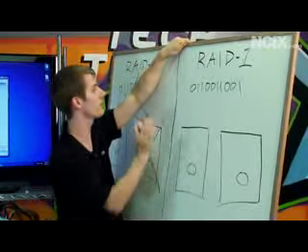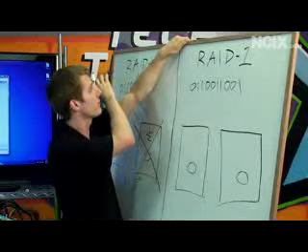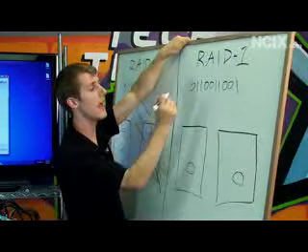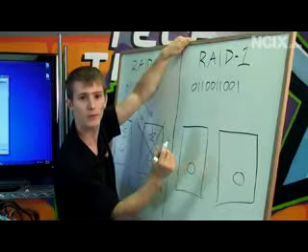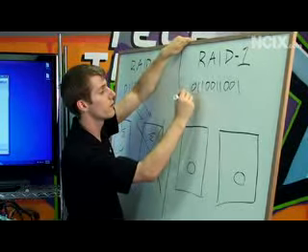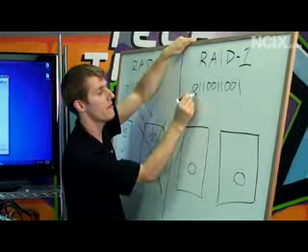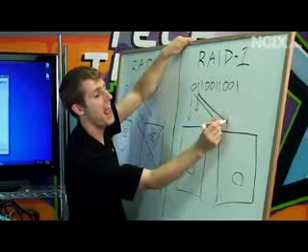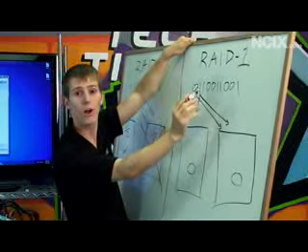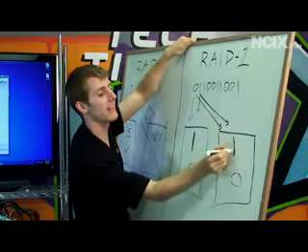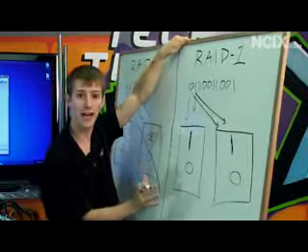So the way it works is we've got the same sequence of data that we wrote to our drives with RAID 0, and we're going to write them to our two drives here with RAID 1 because RAID 1 also operates on a minimum of two drives. So the 0 goes to this drive and this drive. The 1 goes to this drive and this drive, and so on and so forth. So each of these drives actually contains all of your data.